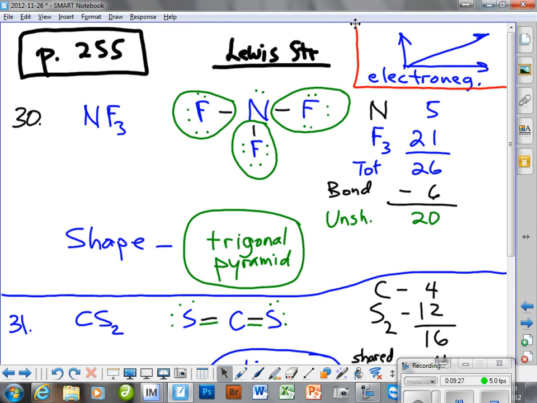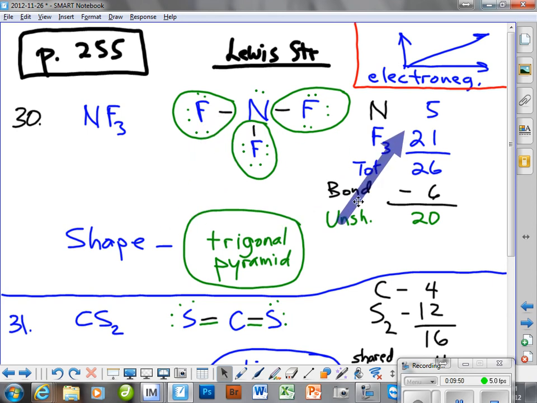And first of all, we did a nitrogen trifluoride molecule, and that is represented by this chemical formula right here. So we then laid out the atoms, and after we laid out the atoms, we put in the bonding electrons here, here, and here.